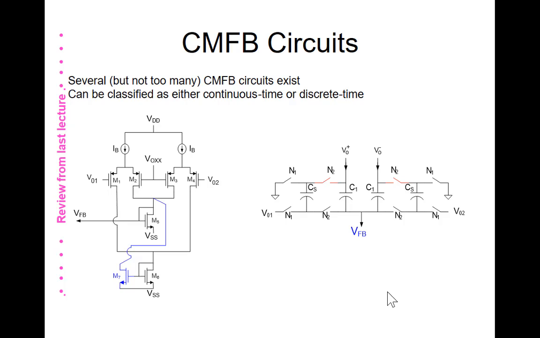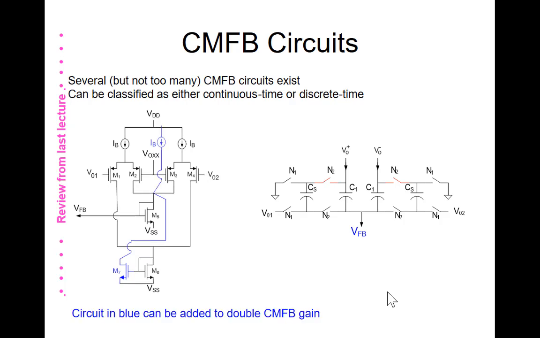Here we sample the voltages Vout1 and Vout2 on two capacitors, then put the capacitors in series, and the voltage in between is the average value of the two voltages. I'm not going to go through the analysis of this circuit today because we will analyze switch capacitor circuits later, and we can see how it works at that time. I should point out that you can use switch capacitor common mode feedback circuits even if you don't have a switch capacitor amplifier application. You can use a switch capacitor circuit to establish the Q point in the amplifier.